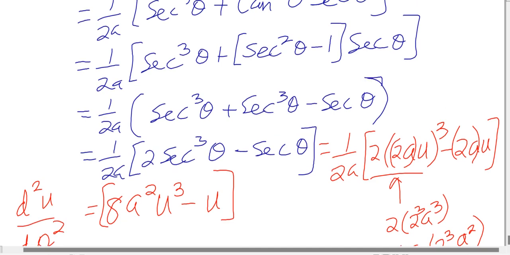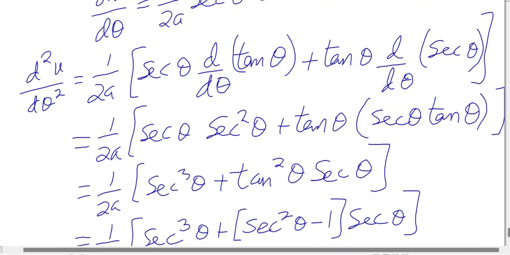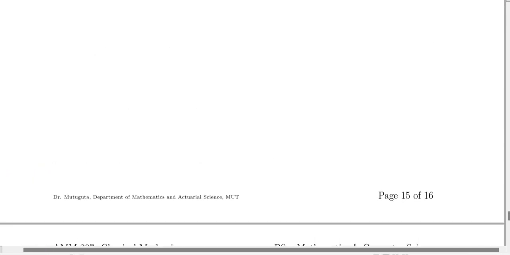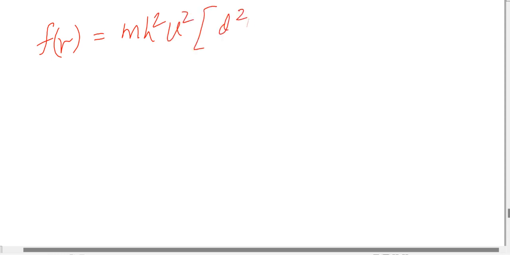So in our expression, I want to write it somewhere up here in this page. In our expression, we had that F of r is equal to m h squared u squared, then we have d squared u by d theta squared plus u.